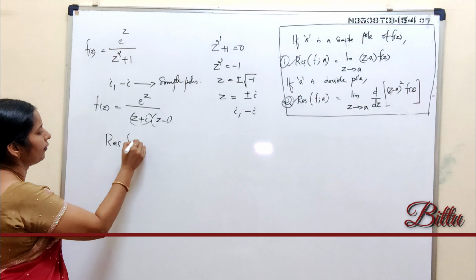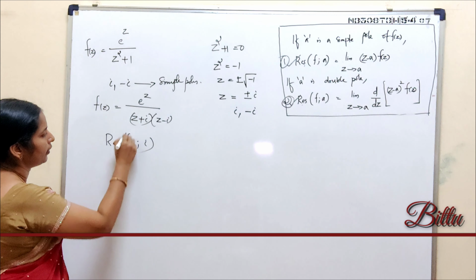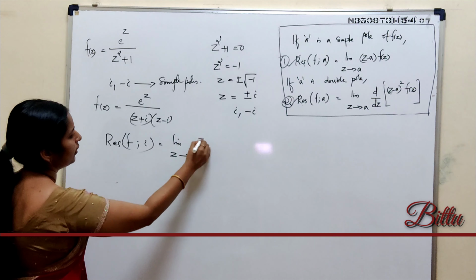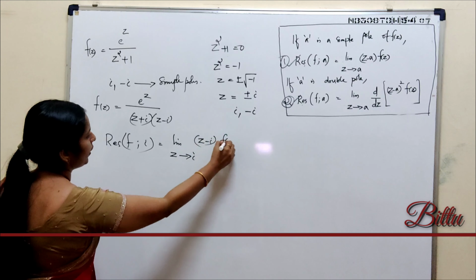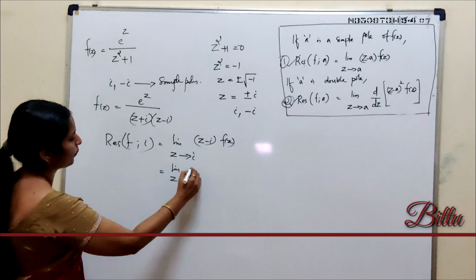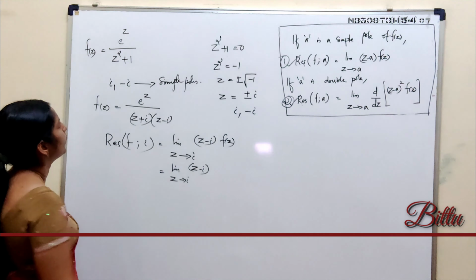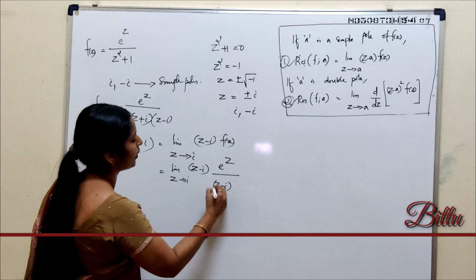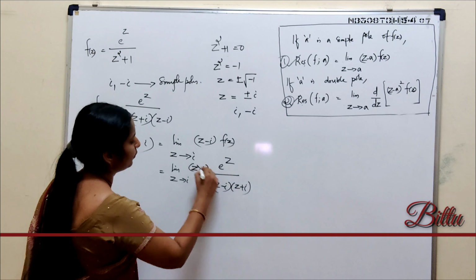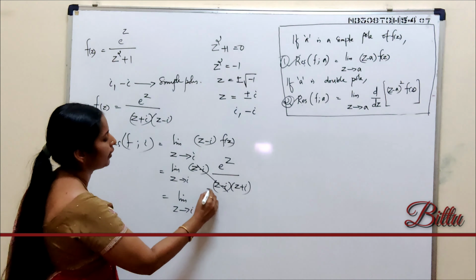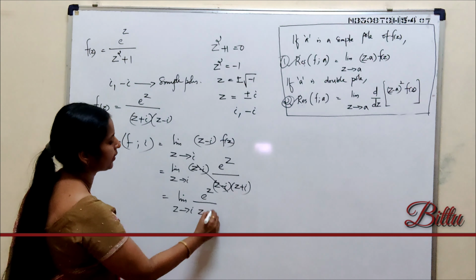Residue of f at i is equal to limit z tends to i, z minus i into f z. That is, limit z tends to i, z minus i into f z, which is e raised to z by z minus i into z plus i. That is, limit z tends to i, e raised to z by z plus i.